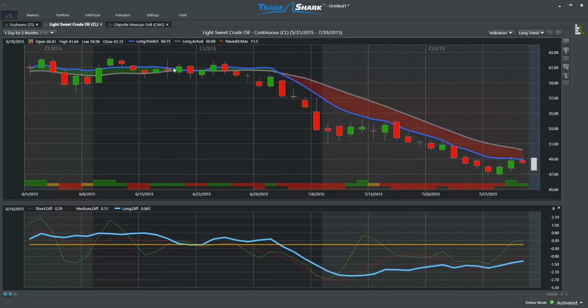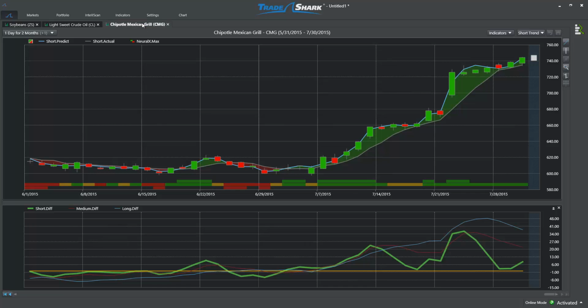On this chart for Chipotle Mexican Grill, we can see yet another example of how the predictive differences can assist in identifying trend direction as well as managing positions. Notice this period of time before Chipotle Mexican Grill takes off to the upside. You can see the neural index giving some strong signals to the upside, but notice how the predictive differences react here.